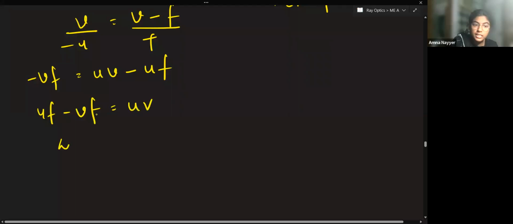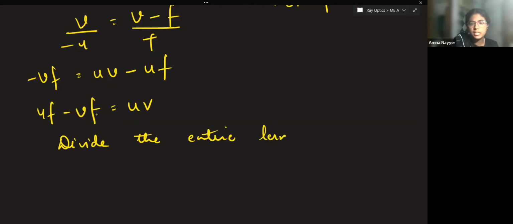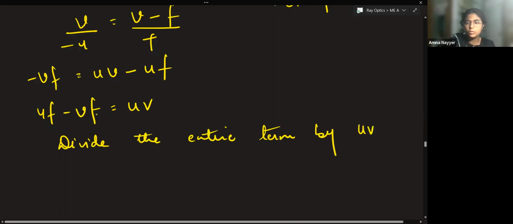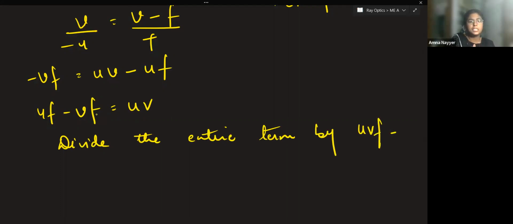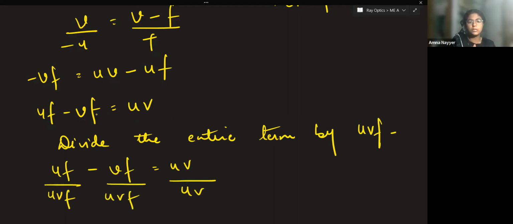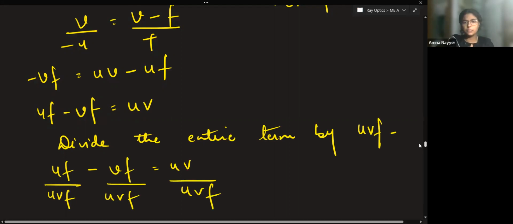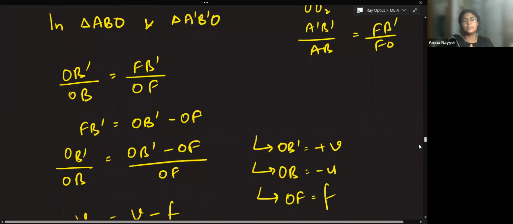Now divide this entire term by UVF. So UF minus VF is equal to UV is there. Divide this entire term by UVF. So I think we have obtained the mirror form, not mirror, the lens formula.